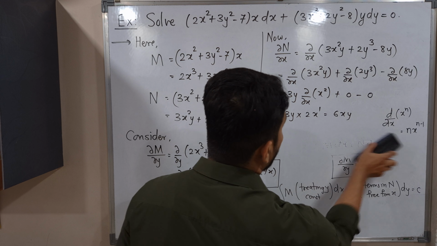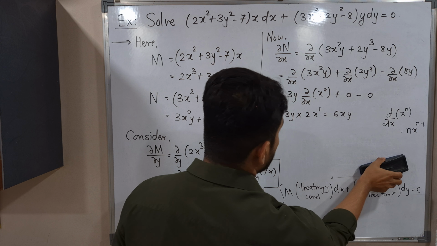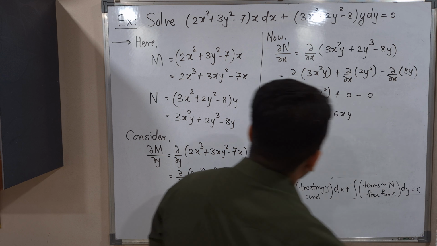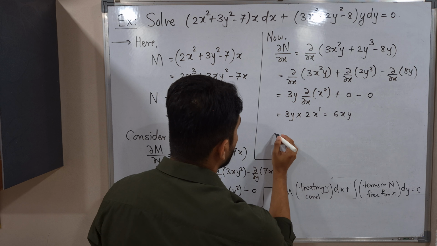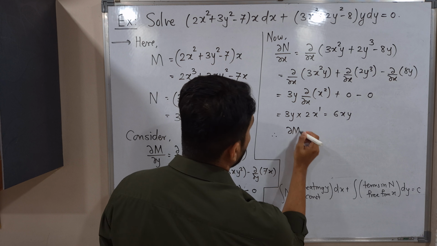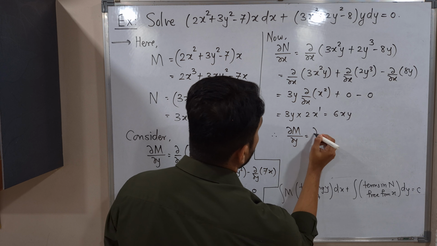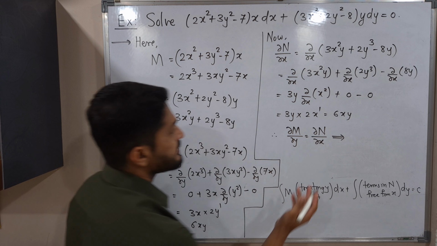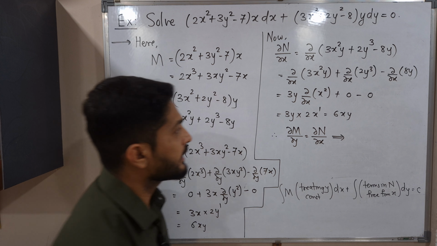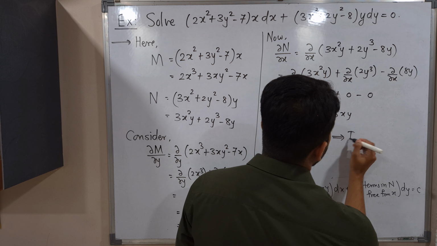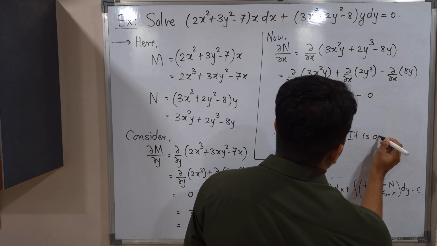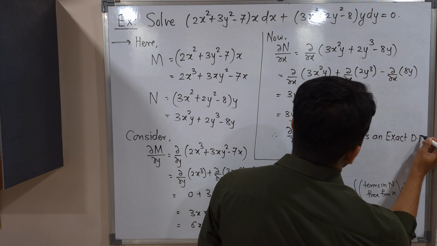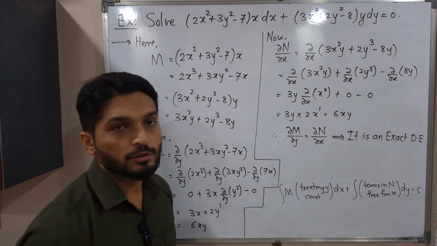Therefore ∂M/∂y is equal to ∂N/∂x. See, both of them are same, so the condition is satisfied. You can declare it is an exact differential equation. So the given differential equation is exact.